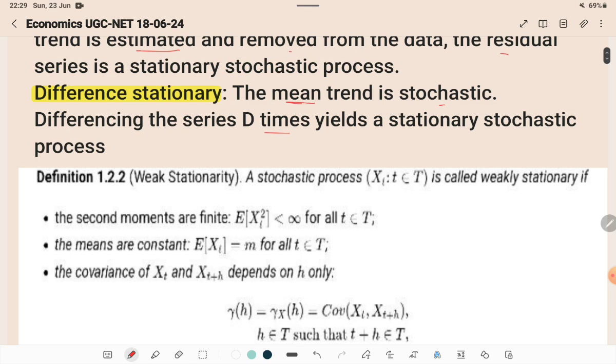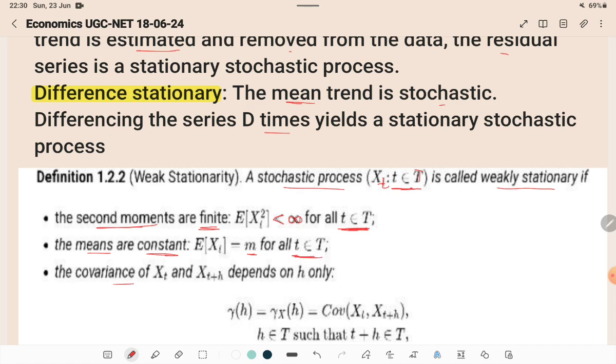Now the weakly stationary: a stochastic process Xt, t an element of capital T, is called weakly stationary if the second moments are finite, that is, E[Xt^2] is less than infinity for all t which is an element of capital T. The first condition is that the second moments are finite, and the second condition is that the means are constant: the expected mean of Xt is equal to m for all t, constant.